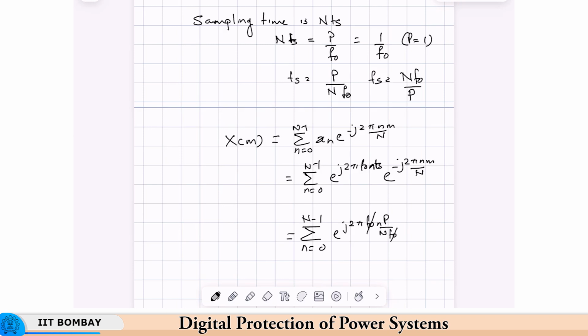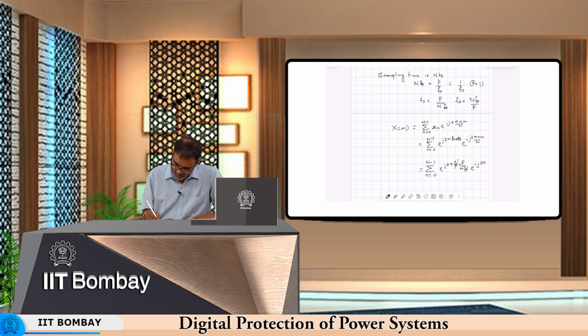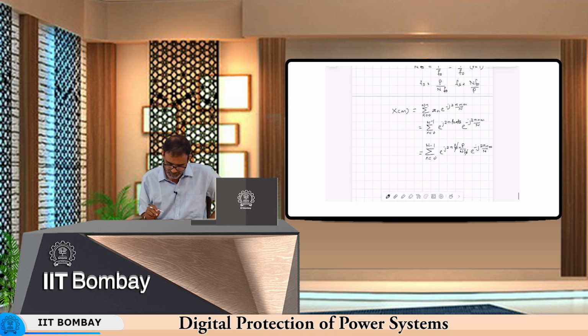So, this N f naught and f naught will cancel. And you can see that this 2 pi small n by capital N is a common term here. So, f naught is eliminated from this DFT expression.